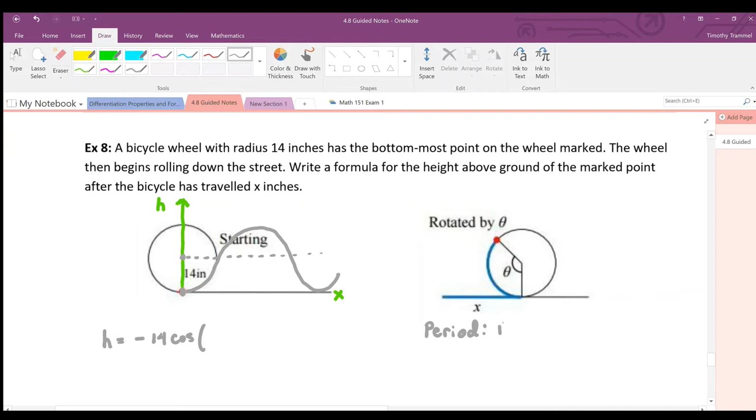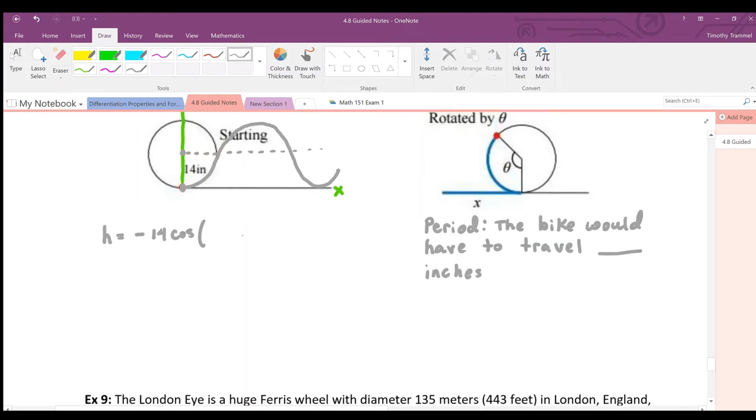Okay. So the bike would have to travel, I'll leave a blank here for a second, inches, and I'm going to leave a little bit of space there too, for the marked point to make one revolution.